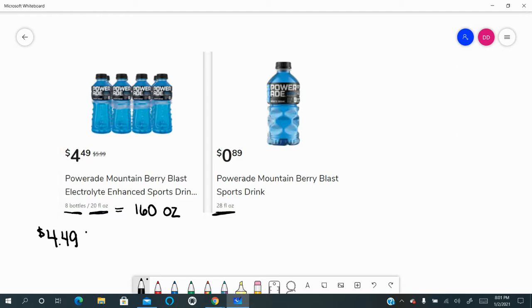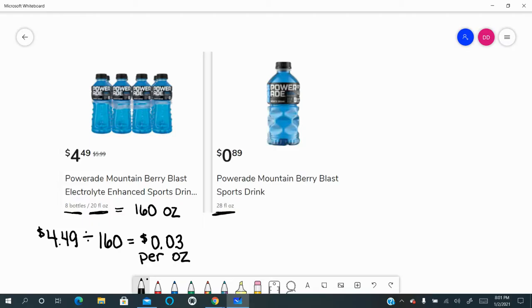Okay, price divided by ounces is... ooh, I get a really weird decimal here. It's 0.028. I'm going to round that to 3 cents per ounce.